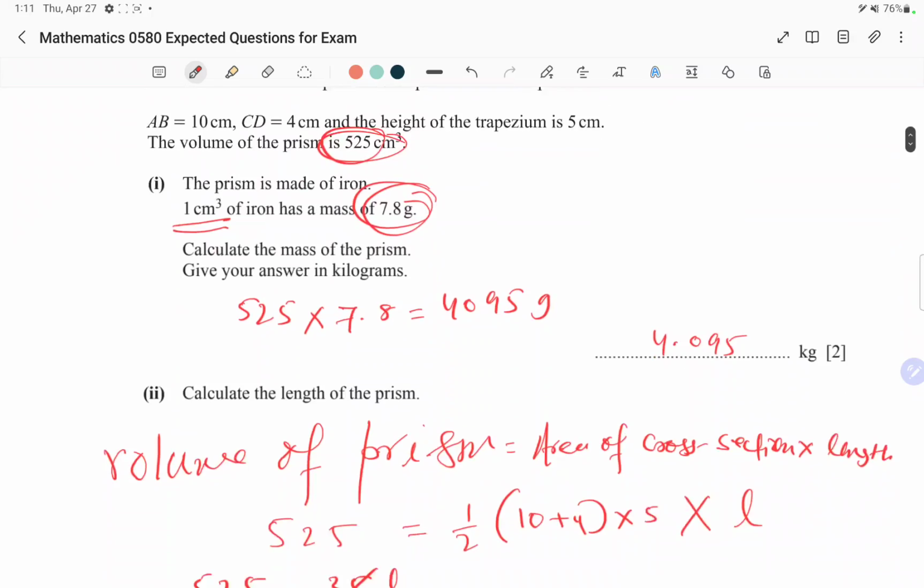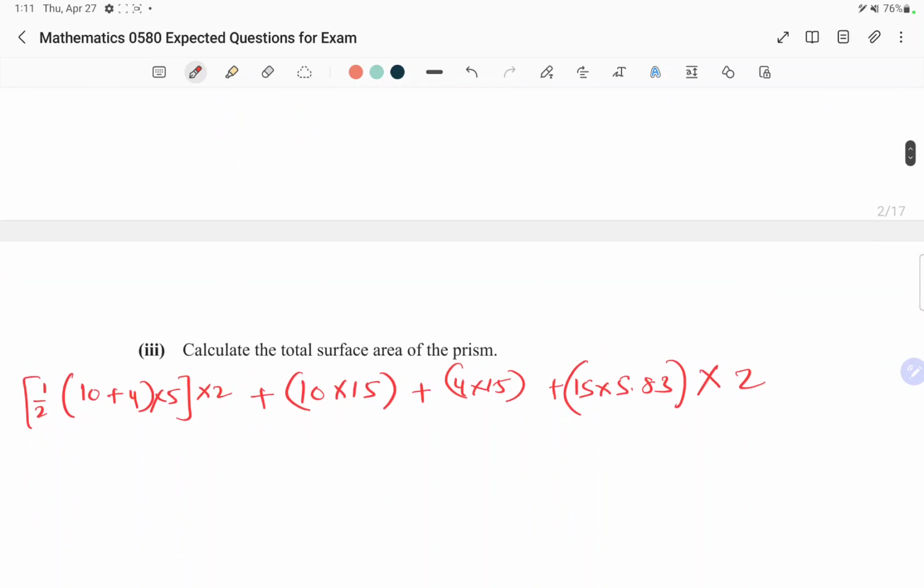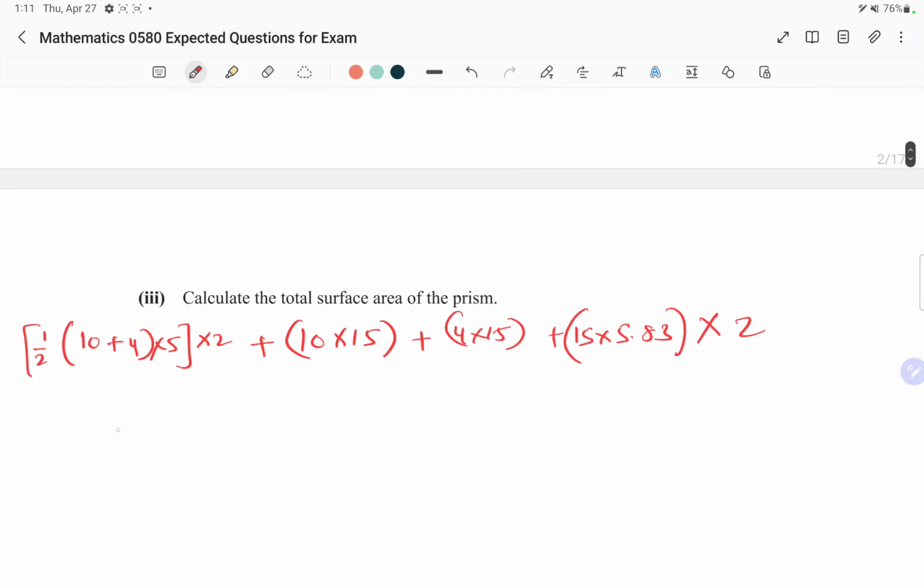Okay, so I think we can just add all these, and we will get the answer. So let's add. 10 plus 4 is 14, 14 over 2 is 7, 7 times 5 is 35, and 35 times 2 is 70. Now this is 150, 4 times 15 is 60, and 15 times 5.83 times 2 is 174.9.